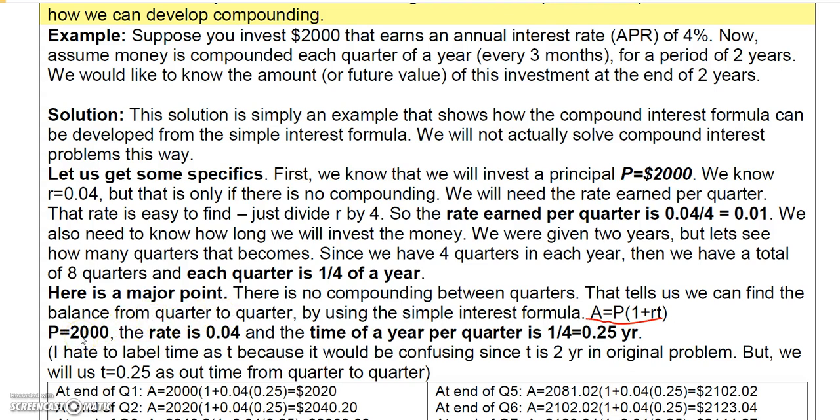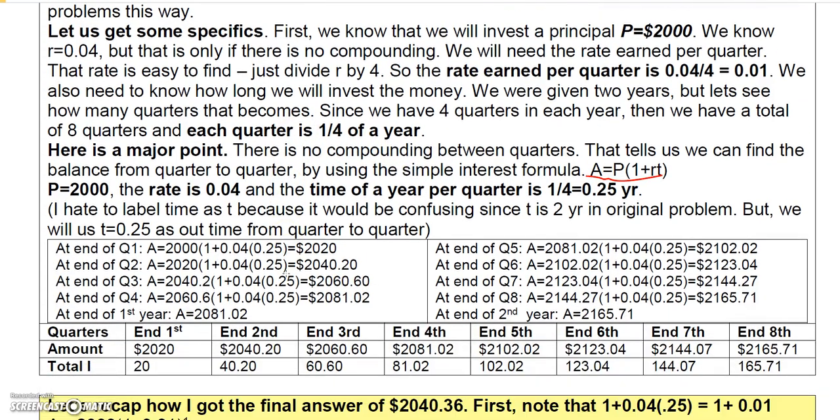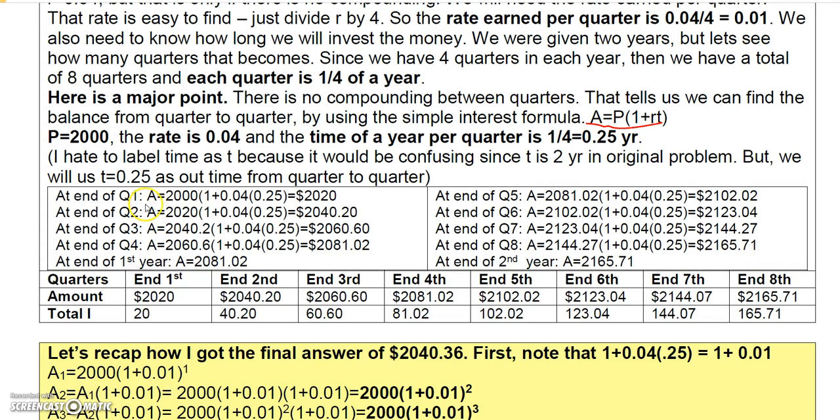And we know that our initial principal is $2,000. We know the rate is 0.04, and we know that each quarter is 0.25 years. So each time we go from quarter to quarter, the time will be 0.25 years. Now, at the end of quarter 1, we would have 2,000 times (1 + 0.04 × 0.25), that's for 1/4 of a year, which would equal $2,020.